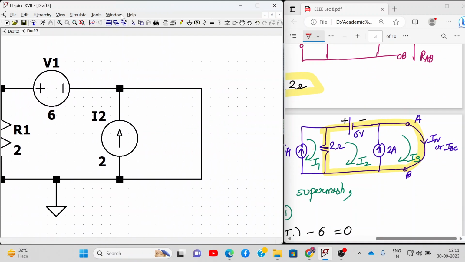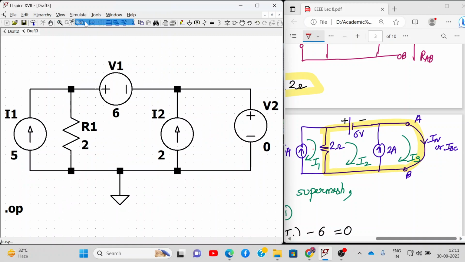To find the current through this wire, we need to add an ammeter. Now there is no ammeter in LTspice. So we'll add a voltage source which acts as an ammeter. If we apply 0 volt over here, no harm will be done to the circuitry. In fact, all the functionality will remain the same. But the current flowing through this V2 will give me the Norton's current directly, or the short circuit current.